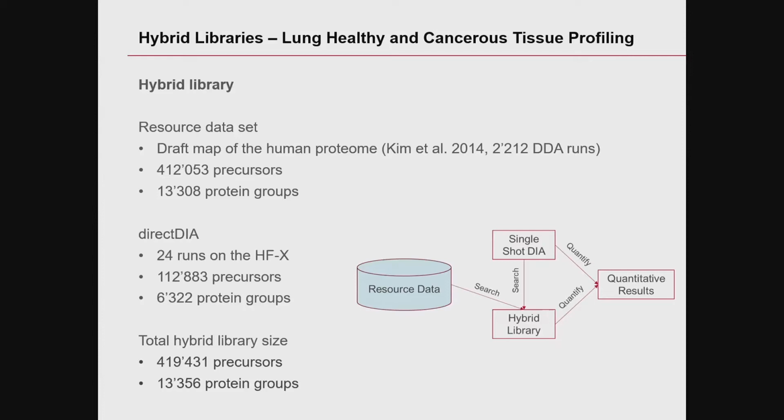It's a really good resource to do that, at least in our lab. We performed direct DIA. In this case, because you have quite a bit of variability among the humans and among the cancer tissue, even this gets pretty extensive, pooled together. And the hybrid library was this size in the end.